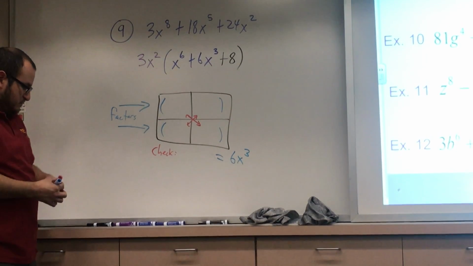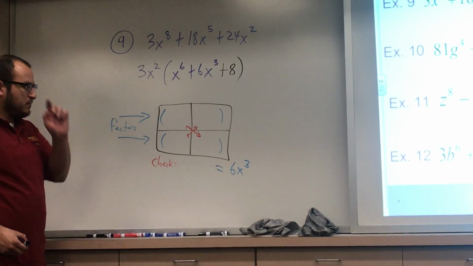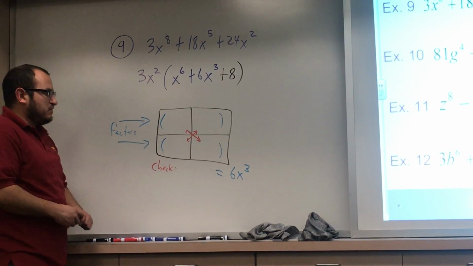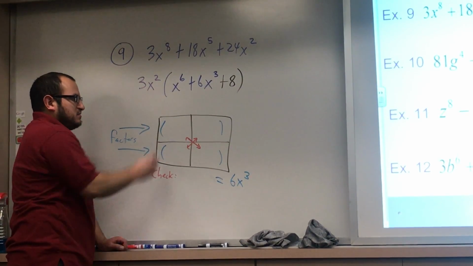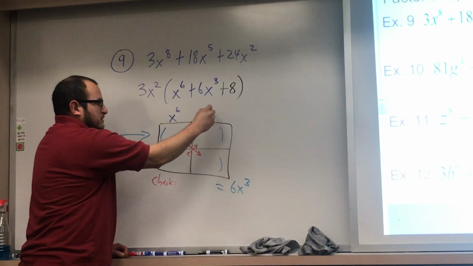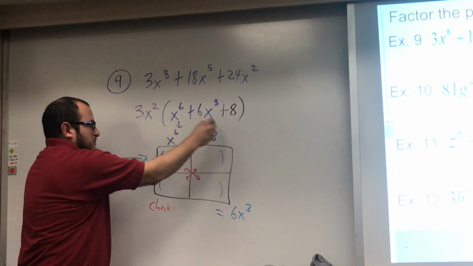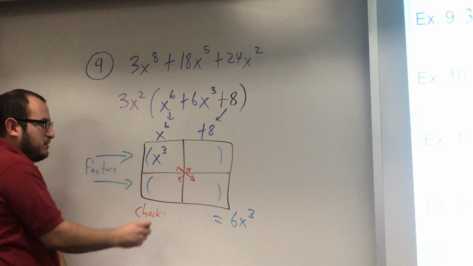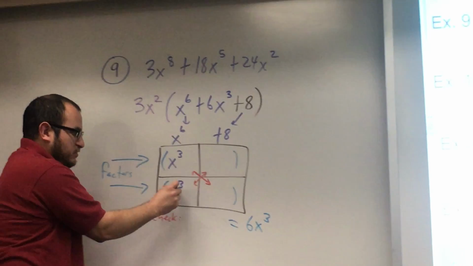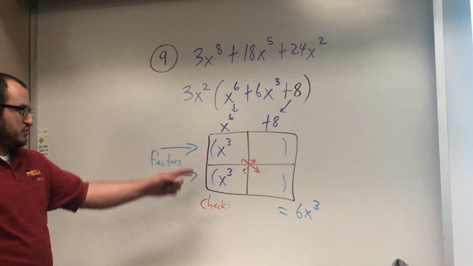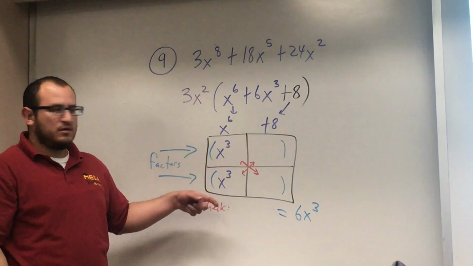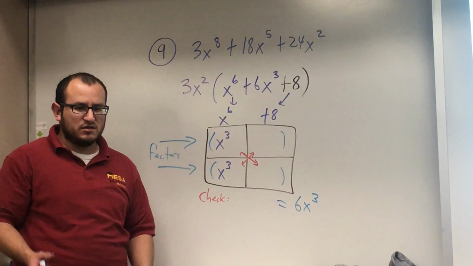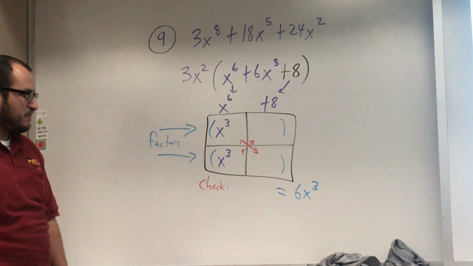Okay. So, how do we get x to the 6? Sorry, let's bring it down. And positive 8. X to the 6 is x cubed, okay, and x cubed. Okay. Yes, you could do x to the 4th and x squared, but again, if you look at the middle, we're looking for x cubed. Okay. They have to be the same.